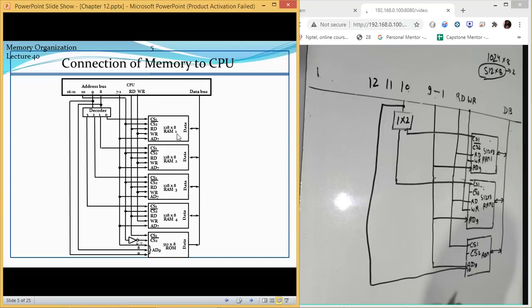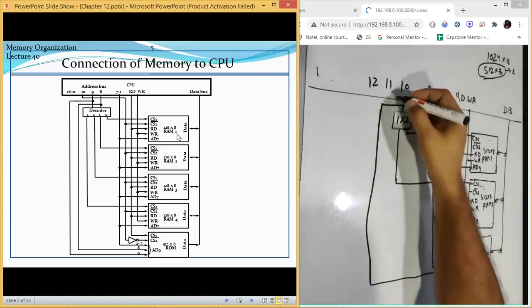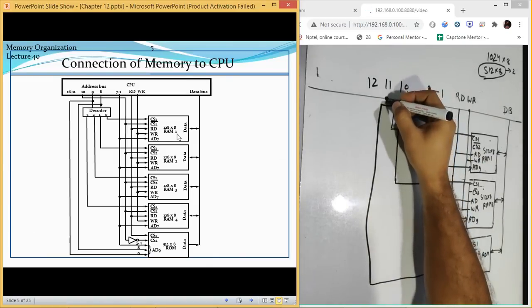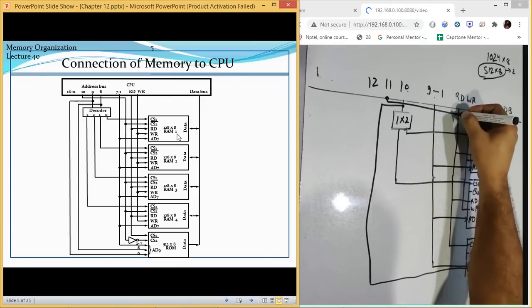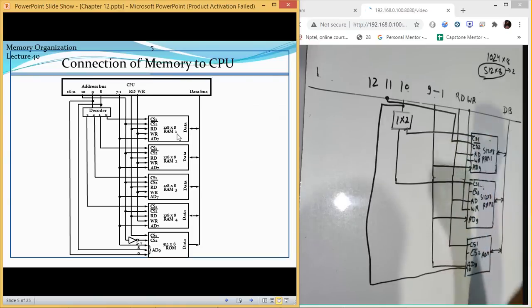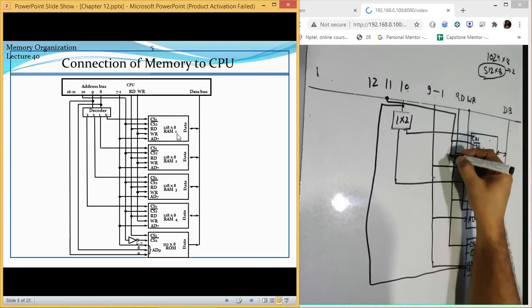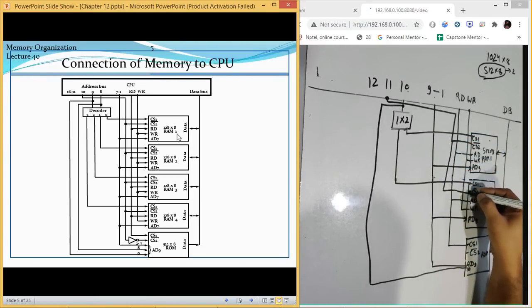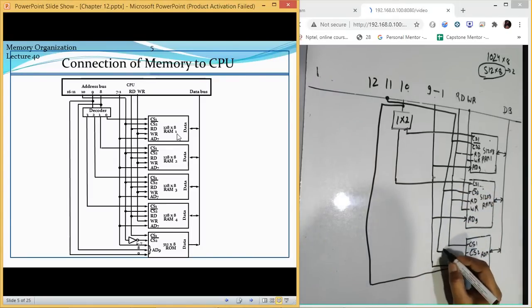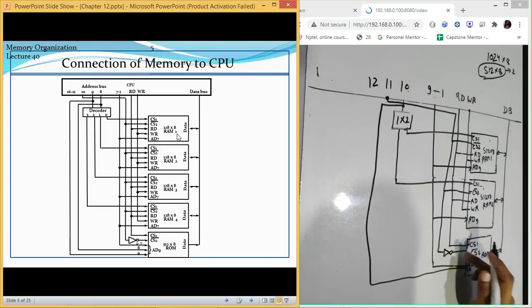Now CS2 is not connected with anything. The bit we can use at this place is the 11th. So the 11th bit will be used to perform that task. Now the 11th bit is connected with CS2, and by using a NOT gate, it is connected with the ROM.